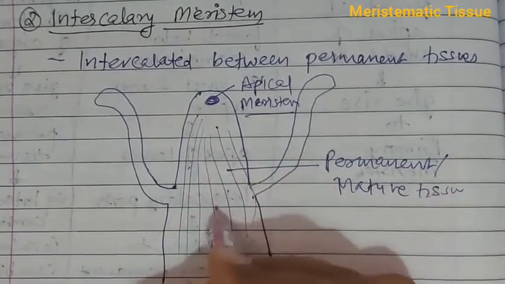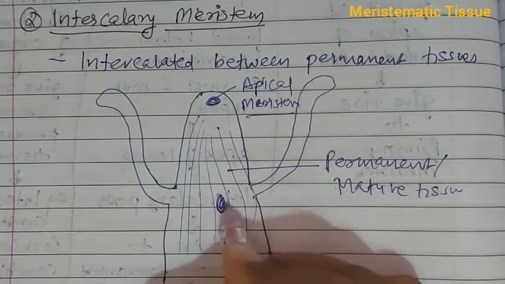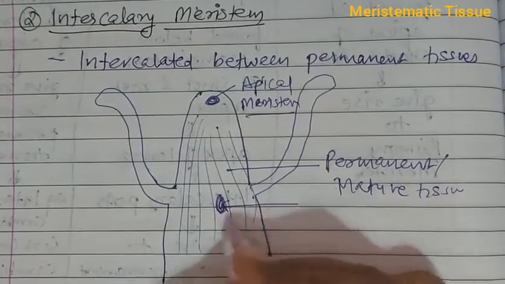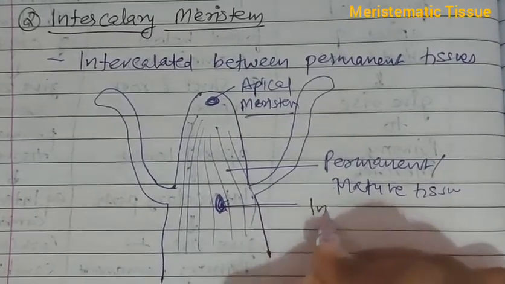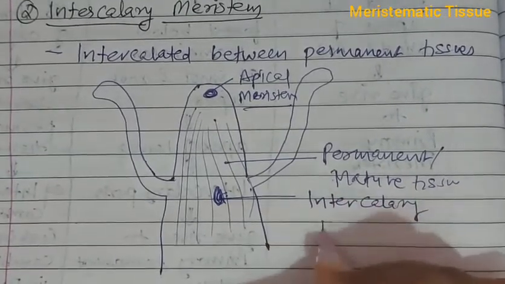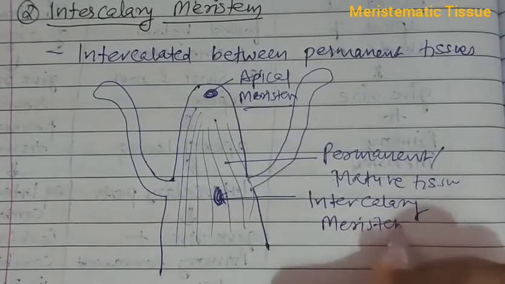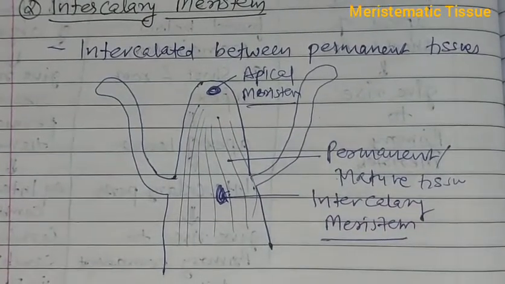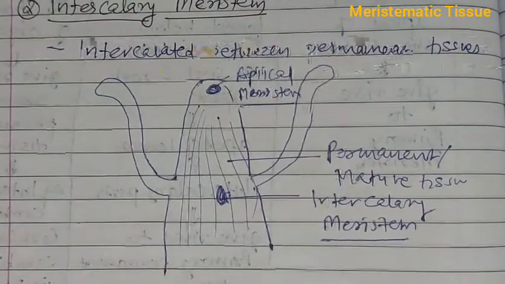And between them, if any meristematic cells or meristematic tissue are located, then this is known as intercalary meristem, as it is located between the permanent tissue.